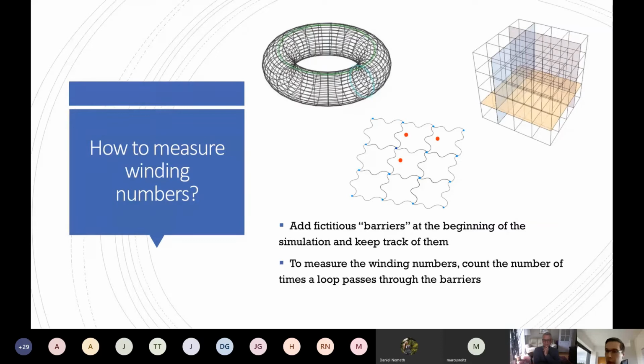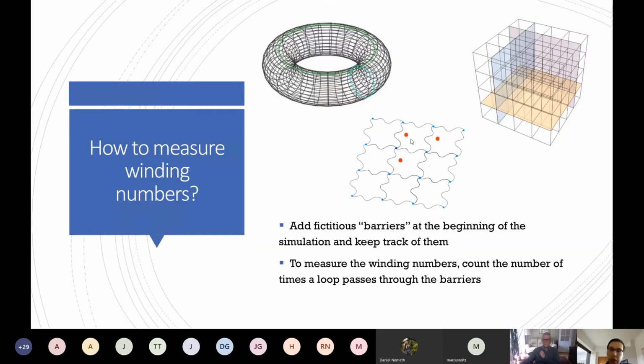So to make it simpler, we introduce additional structures, which are the fictitious barriers. They are basically the boundaries of an elementary cell. If we consider the torus, because what we have in this case is actually a four-dimensional torus, since we treat the time dimension also as a circle for technical reasons, then, if we consider this as an infinite periodic system, this is just one elementary cell repeated infinitely many times in each direction.